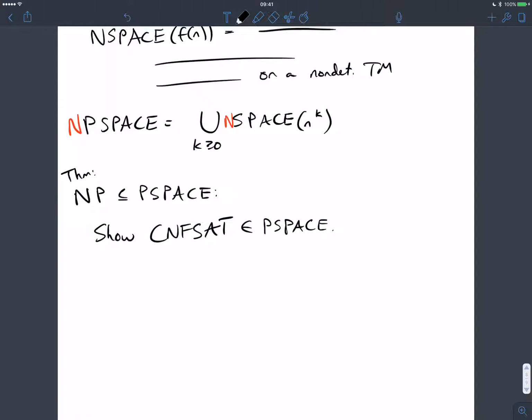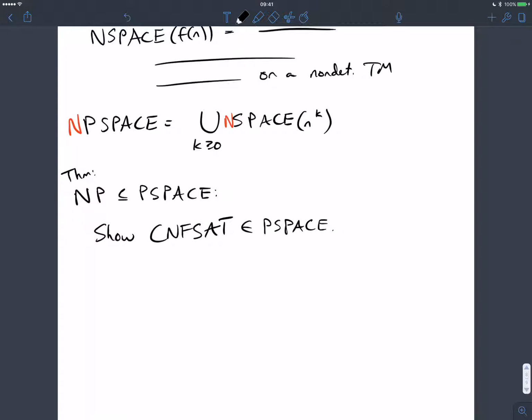Here, remember, we can reuse space, but we can't reuse time. So what is a simple algorithm that will always work to determine if a formula is satisfiable?